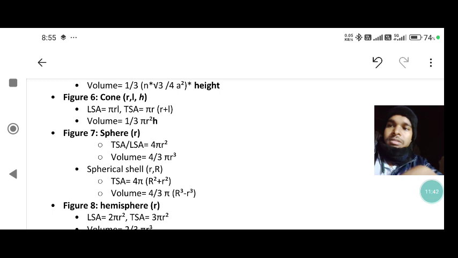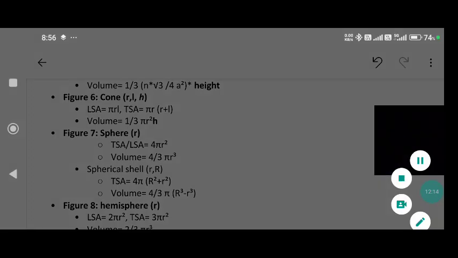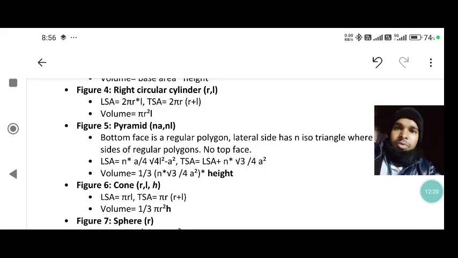Now figure 6 is the figure of a cone, and in a cone there is r radius, l is the lateral side, and h is the height. So the lateral surface area will be pi r l, which is half the area of a cylinder, and the total surface area is pi r into (r plus l), whereas in a right circular cylinder it is 2 pi r into (r plus l).